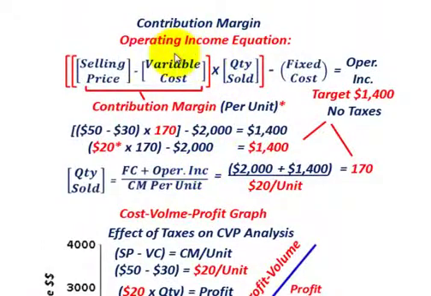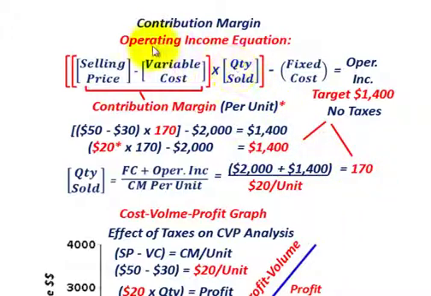Okay, so first let's look at the case where we have a targeted operating income of $1,400, and this is the case where no taxes are paid. So that's just looking at our operating income where we don't have any taxes. Let's look at how we calculated that target income of $1,400, and also the 170 units that have to be sold.